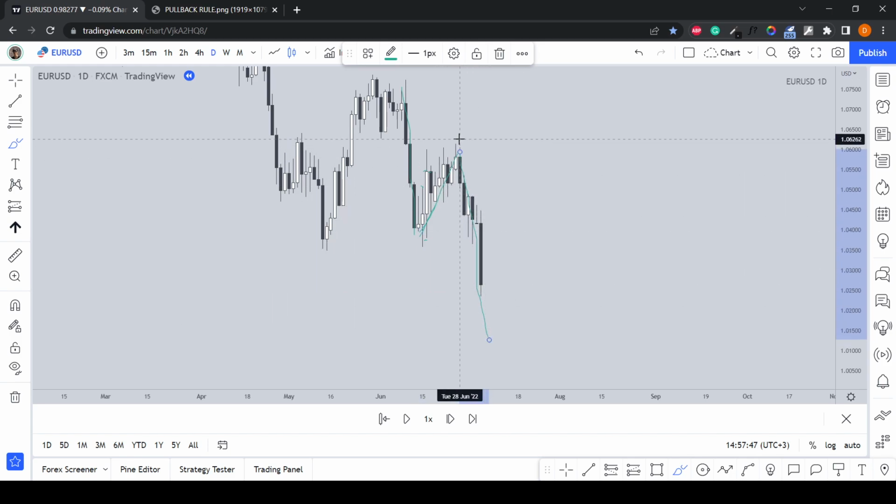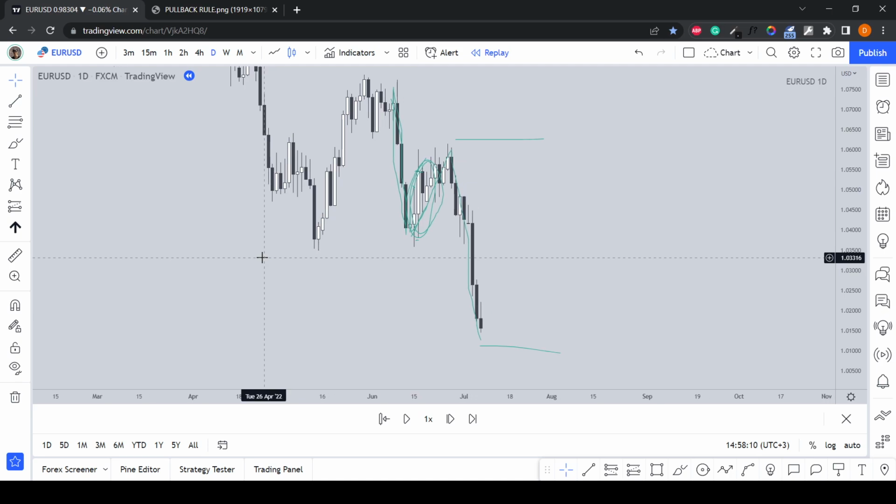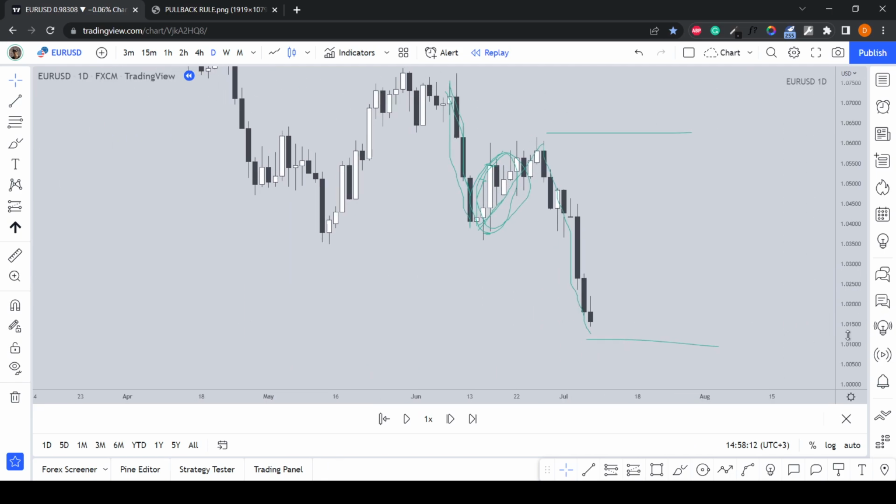We want to separate this impulse from any kind of previous moves. And what do we want to find? We want to find exactly the same price action happening. So let's look at what the market does. We want a candle that will close above the previous one. You see? Let me zoom in.